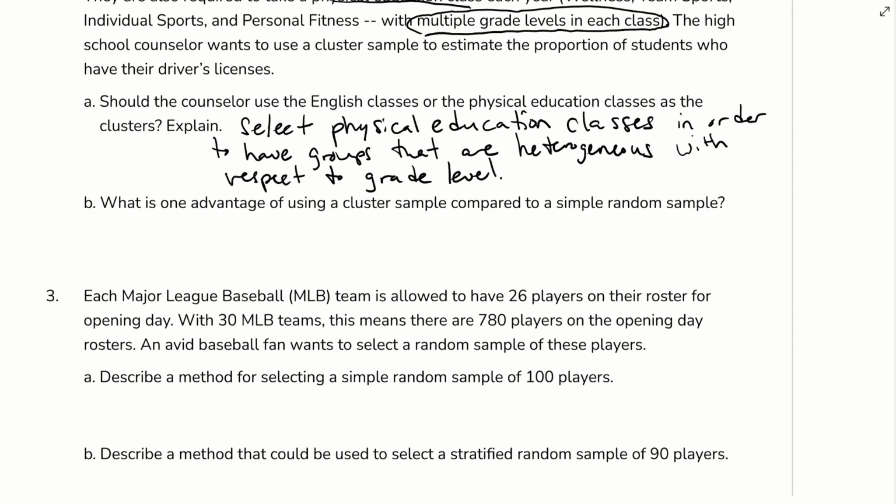It's easy to select a group of people that are in proximity to each other, and you can do this efficiently as well. So in this case, it said the data is collected more efficiently. In other words, it's more convenient.